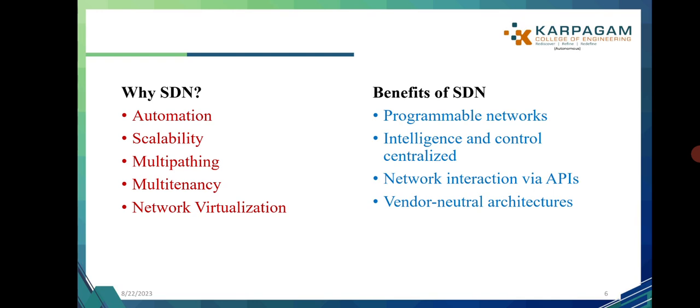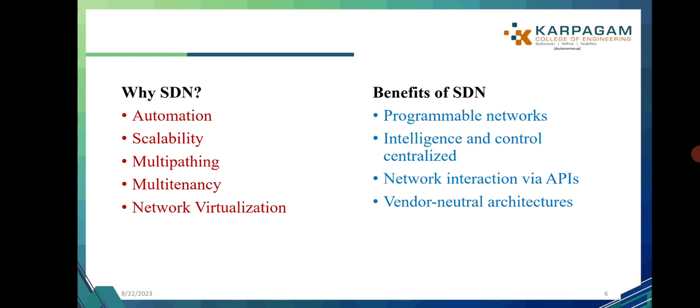Then multi-tenancy, that is, multiple flavors of devices can be used here, so it has a huge scope. You can even use a lower end switch efficiently in this SDN network, because we are separating the control plane and data plane, right?